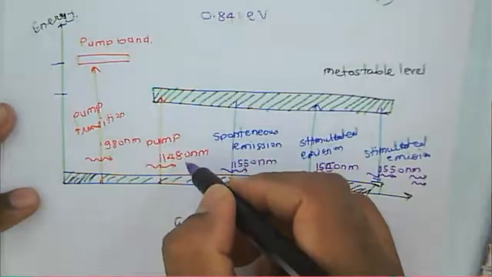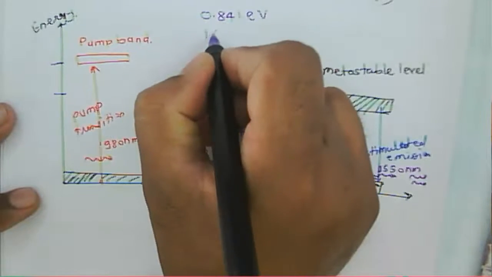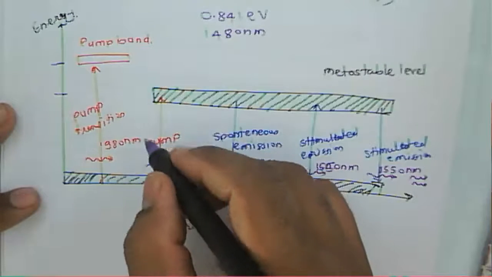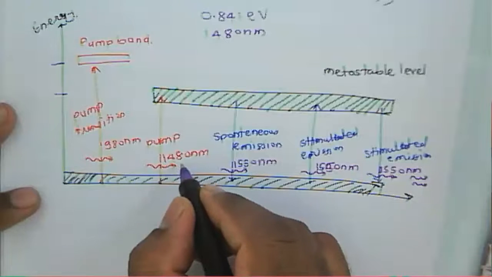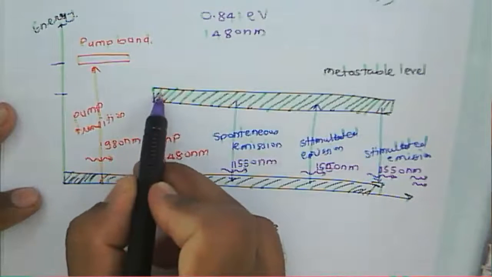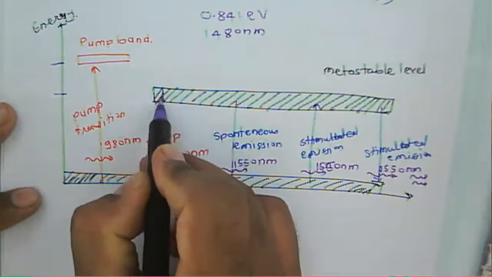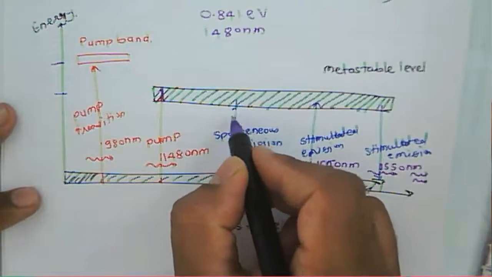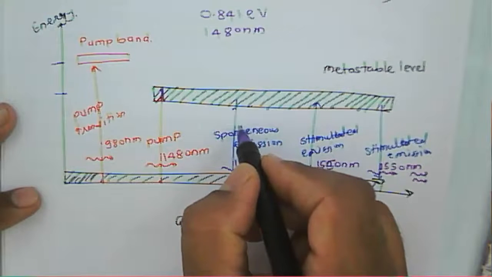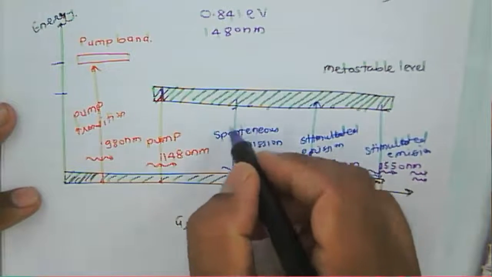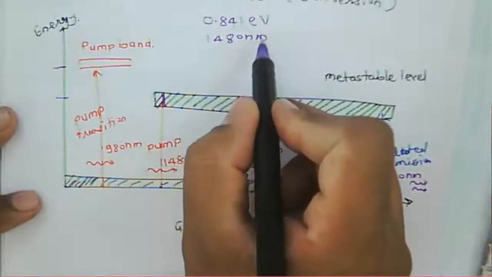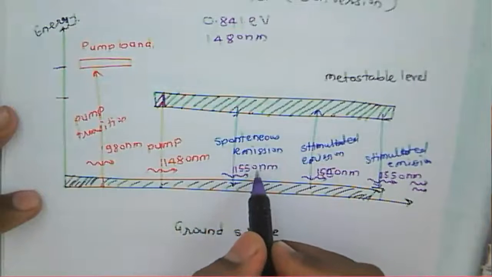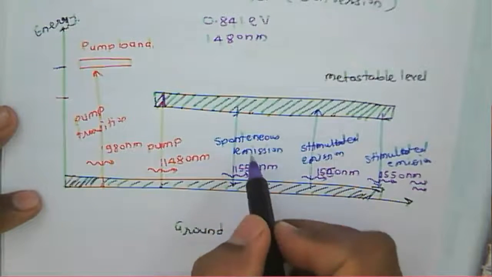That energy corresponds to a 1480 nanometer wavelength, and that is about the top level of this metastable state, and then the bottom level of this metastable state is separated from the ground state by 0.841 electron volt, and this energy corresponds to 1530 or 1550 nanometer.